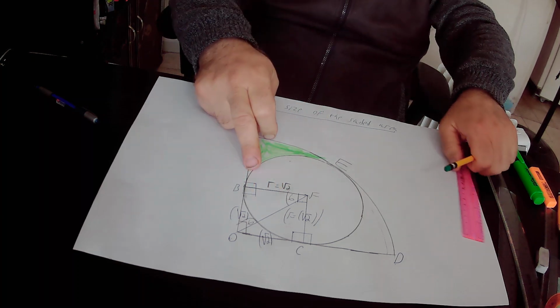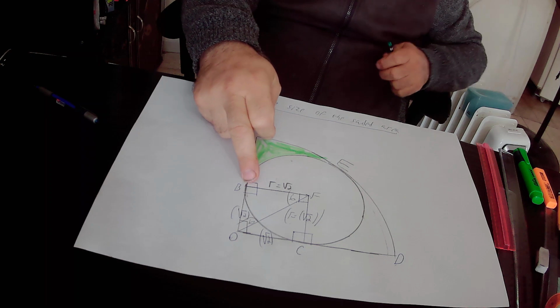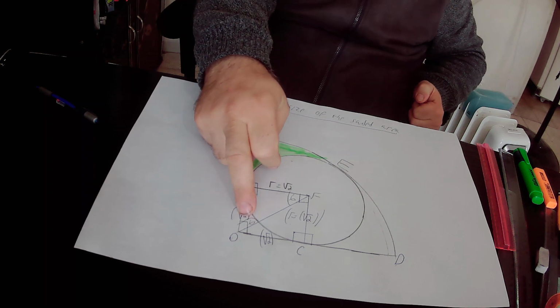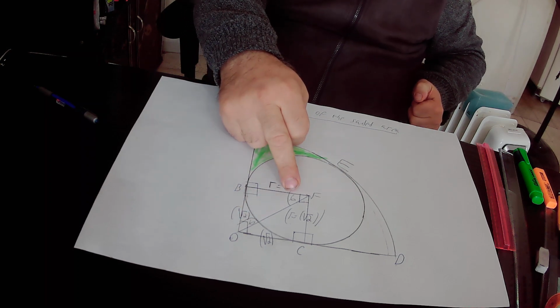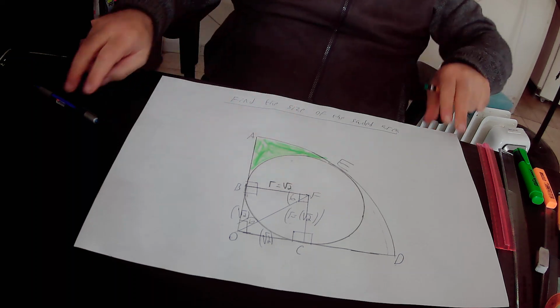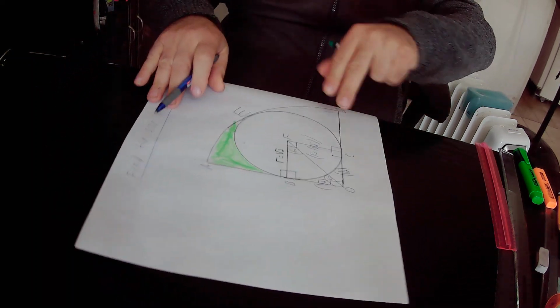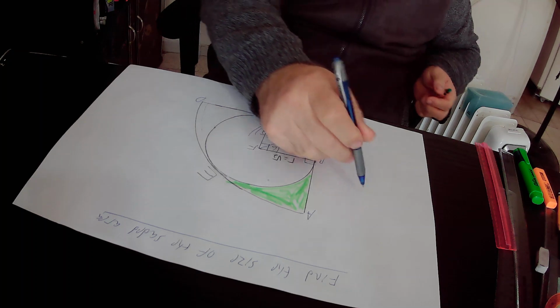So which angles do we have inside the right triangle BFO? We have this angle that is 90 degrees, this angle that is alpha, and the other angle that is also alpha. So 90 degrees plus 2 alpha, in total they must be equal to 180 degrees. I write it down.